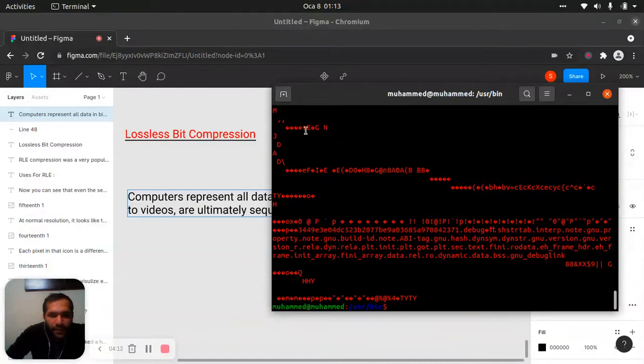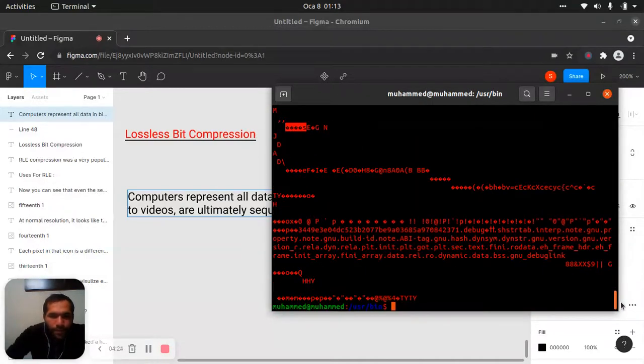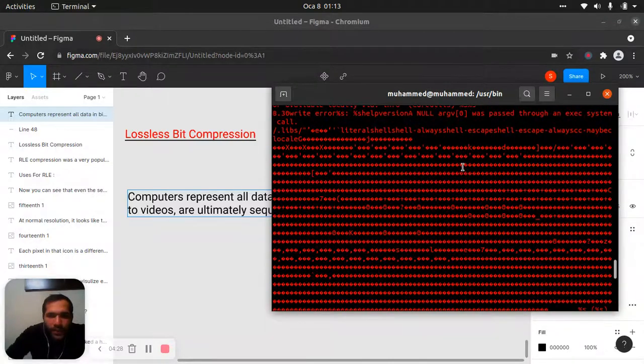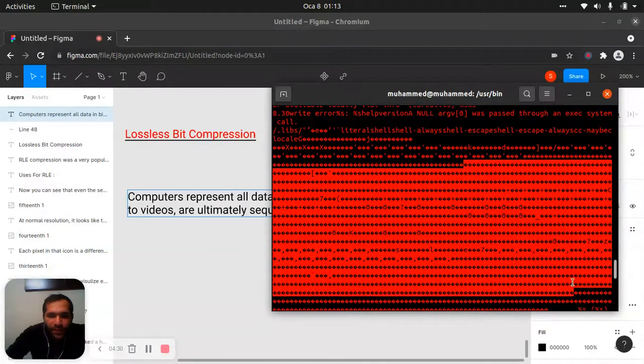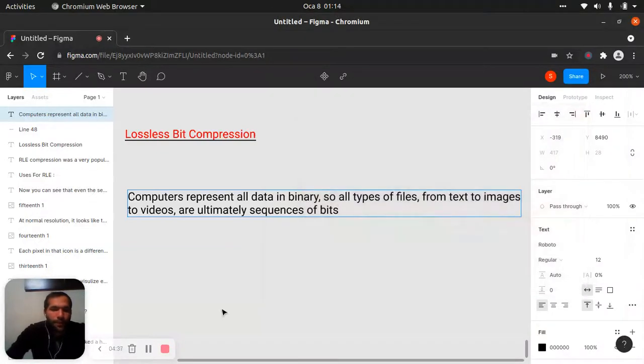This is an example of compressing files. Let's go down, this is just some details, and let's go on again.